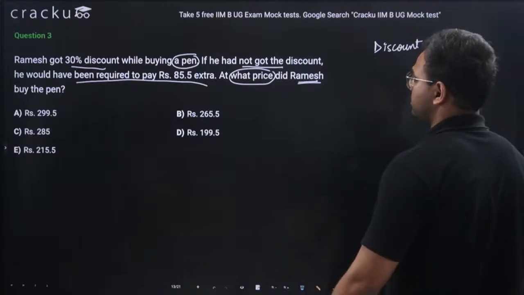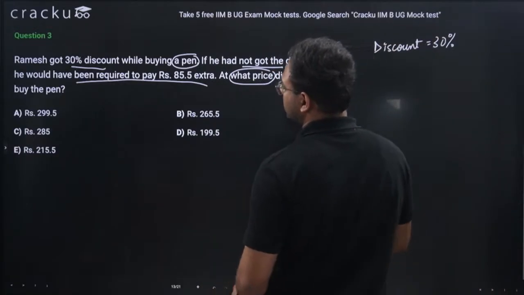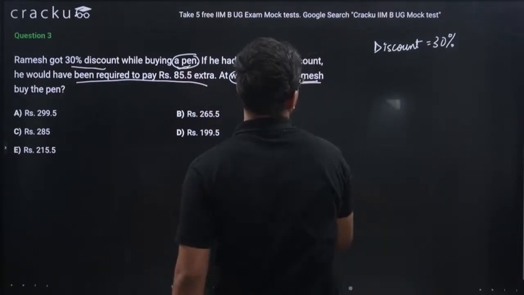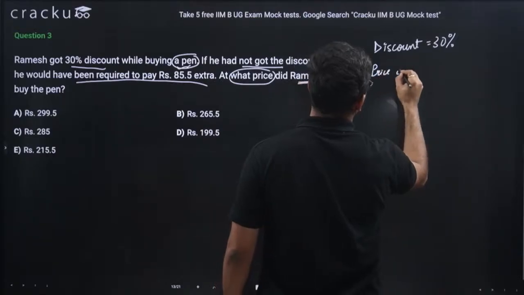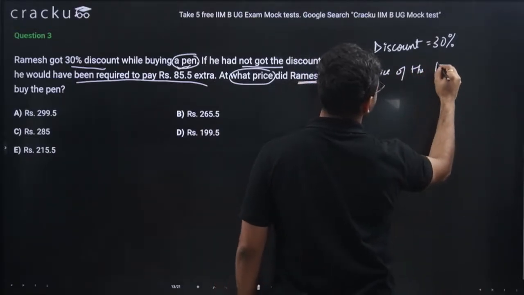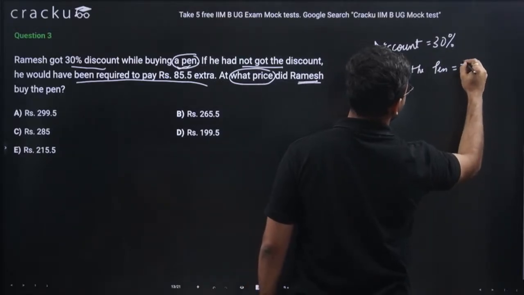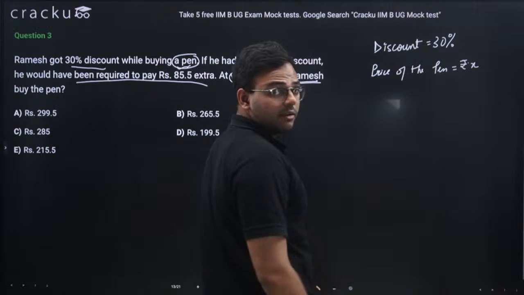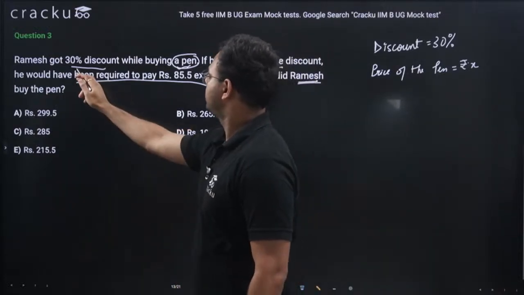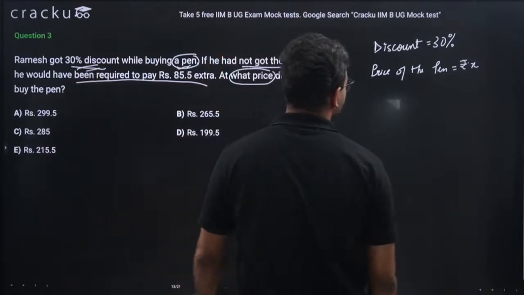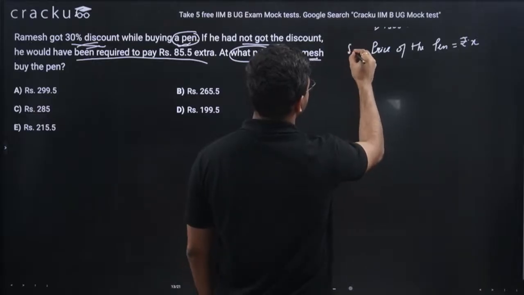So Ramesh got 30% discount. What I'll do is assume the price of the pen is equal to rupees X. Ramesh got 30% discount, so I'll assume this as the selling price.